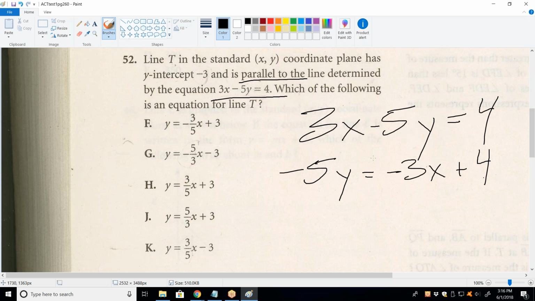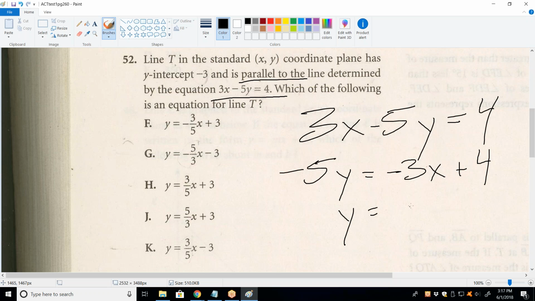Why? Because I'm trying to get it into y equals mx plus b format. If I put that minus 3x where you would normally put it, you may not recognize it properly. But if I put it up front, all of a sudden it's starting to look like y equals mx plus b. Now, what is y equal to? Y is equal to negative 3/5 x minus 4/5.